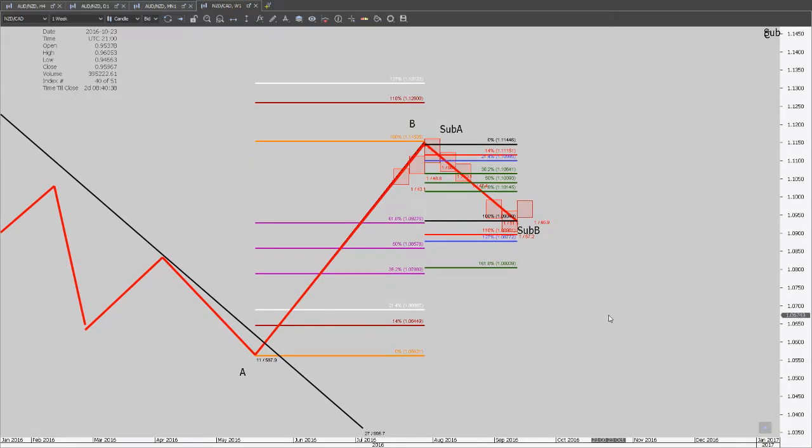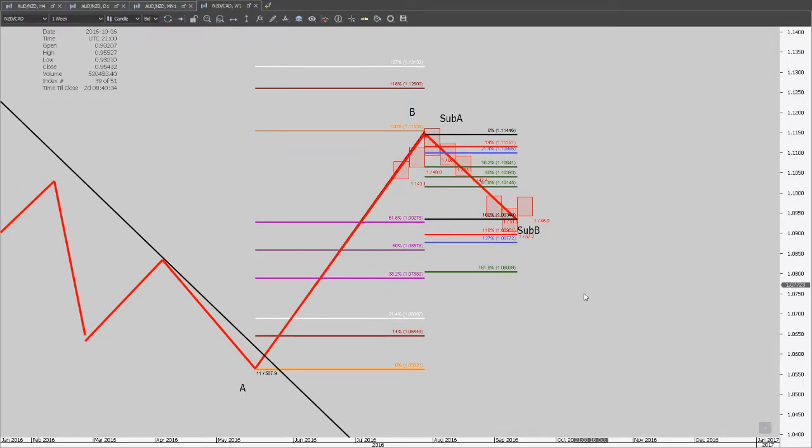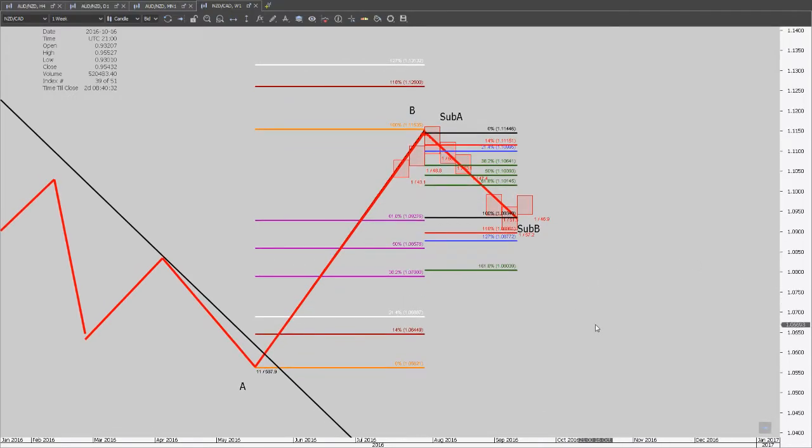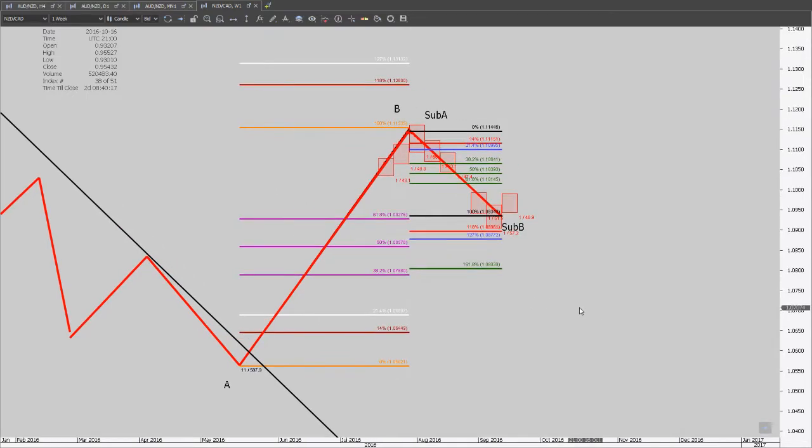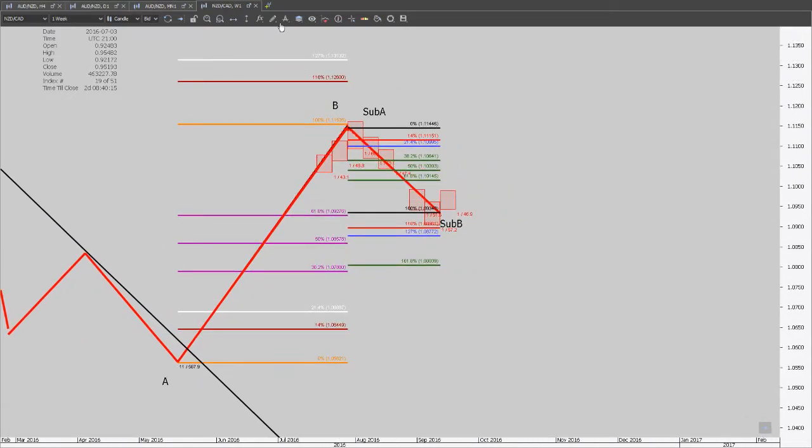Okay, so this is the game, for the lack of a better word, of course, but this is the financial game right now. What is happening inside the sub A and sub B boundary? Now don't forget that the original Fibonacci is stronger than the contrarian.